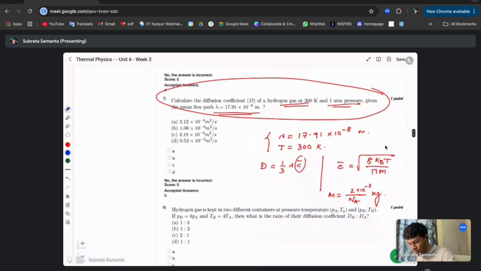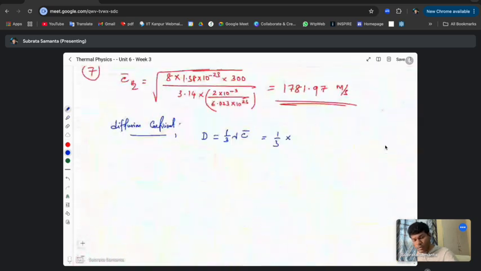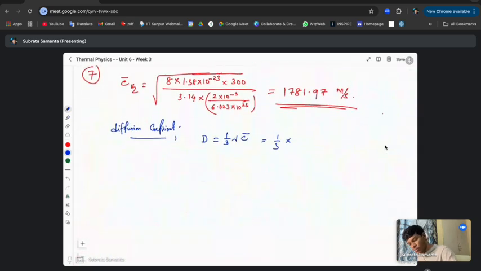Yes, so 17.91 times 10 to the power minus 8 times 1781.97. Okay, what is the unit? This is meter and this is meter per second, so it's meter square per second, right?